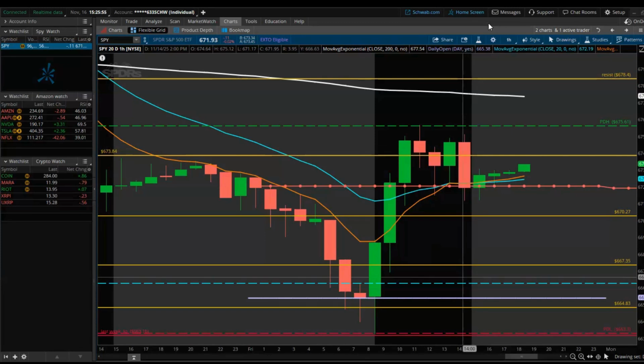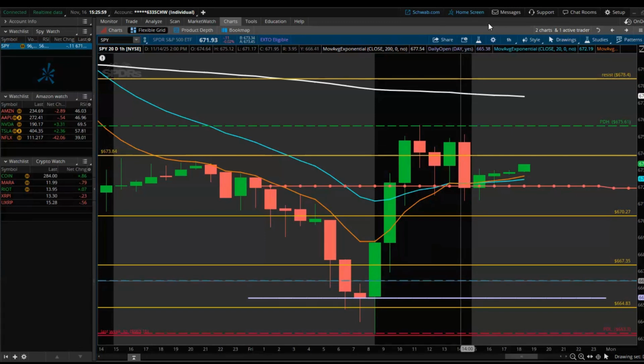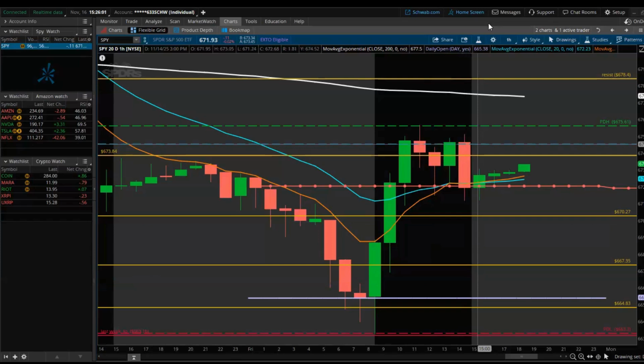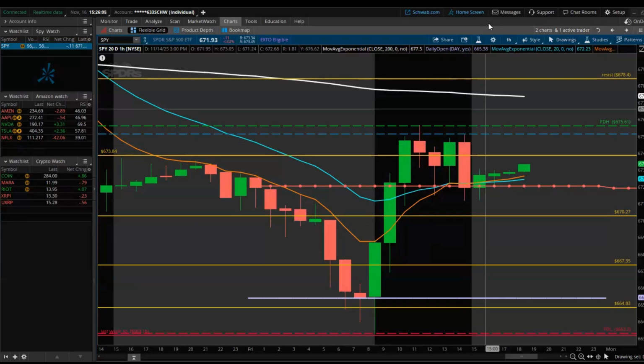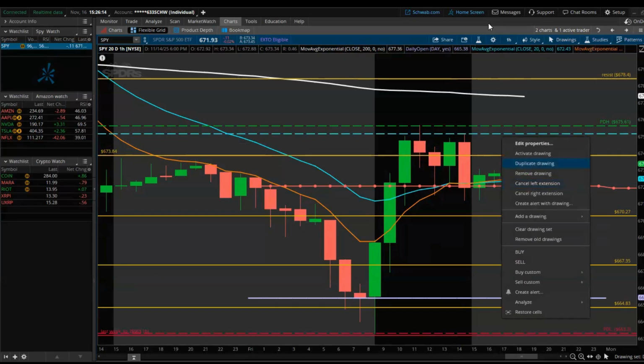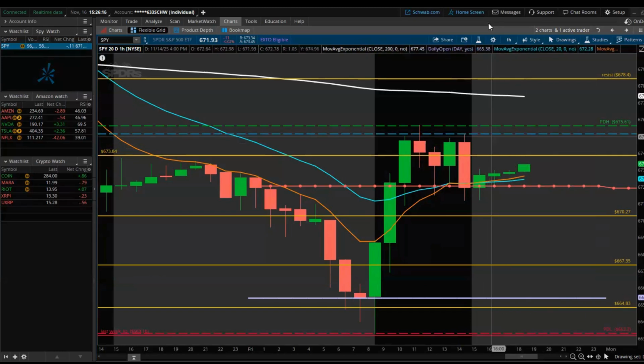And I'm going to put in my indicator here, a dotted blue line. This is the high of the last hour of last week. And I'm going to make the low and put that in the last hour. Low of last week is right there.